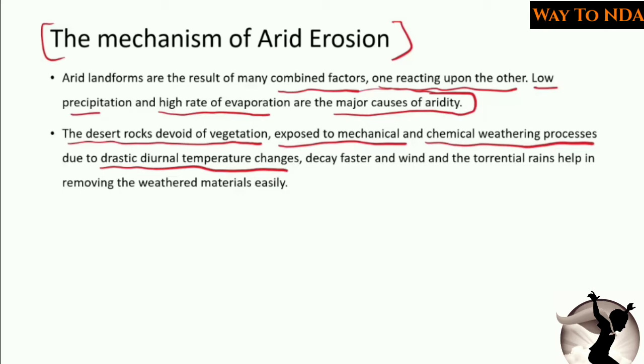During daytime the temperature will be high, and in the night the temperature will be very low. Why? Let me tell you one thing. The characteristic of sand or a rock is that it will absorb heat very quickly and get heated very quickly, and it loses its energy also very quickly.